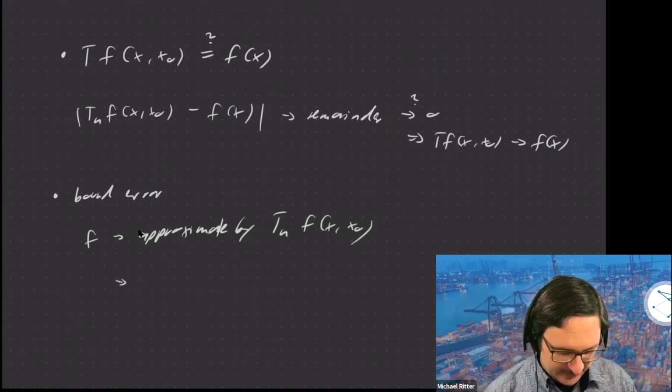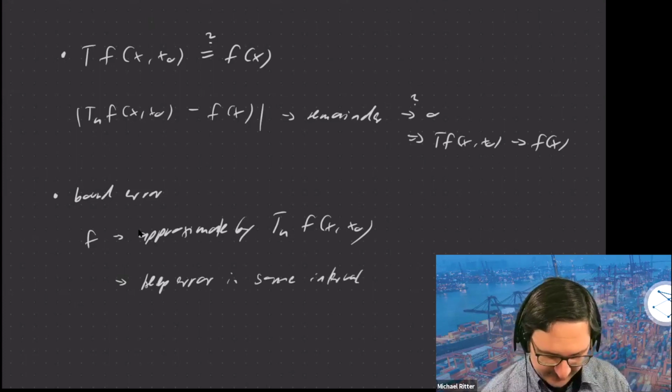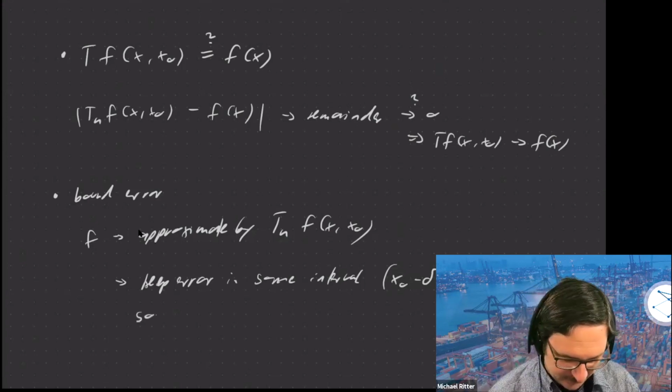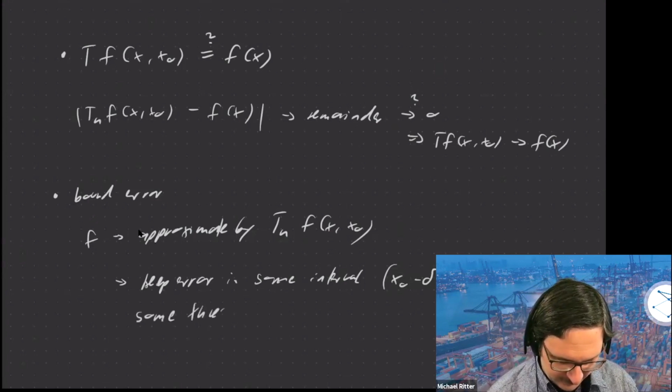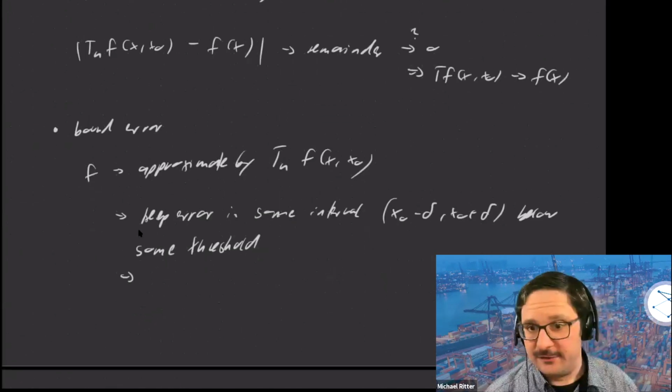So we want to keep the error in some interval, usually around x0, so something of the form x0 minus delta, x0 plus delta. We want to keep the error below some threshold. And the question is then, what n do we have to choose to do that?